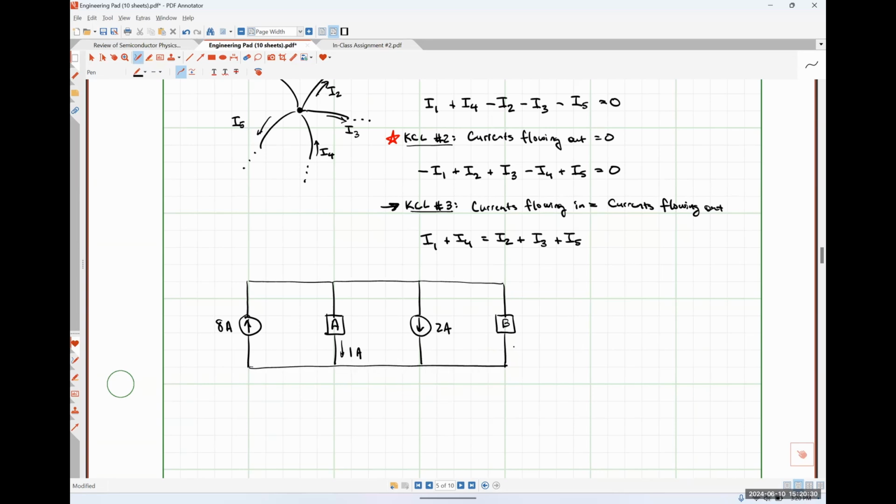And let's define the current IB as flowing up.